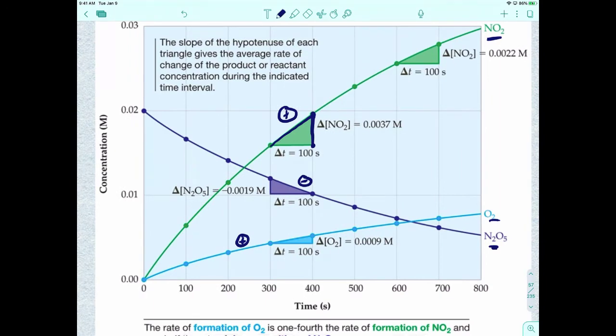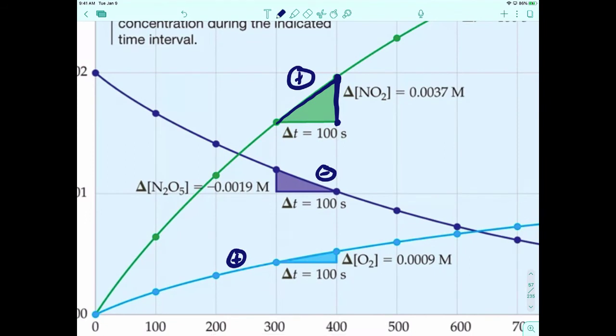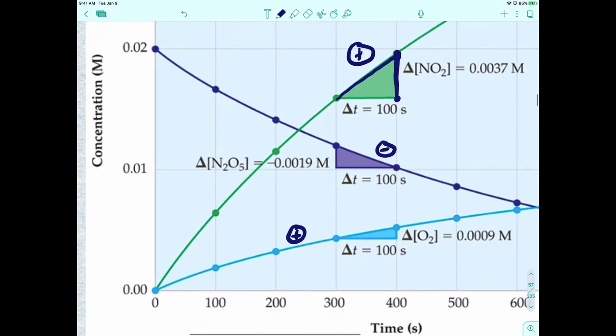Now, we're doing the same thing for N2O5. We're also doing the same thing for O2. Now, here's the question. Can we do this for any other time? Yes, absolutely. So if I go over here to 100 and 200 seconds, I can make the same triangle that we did previously.